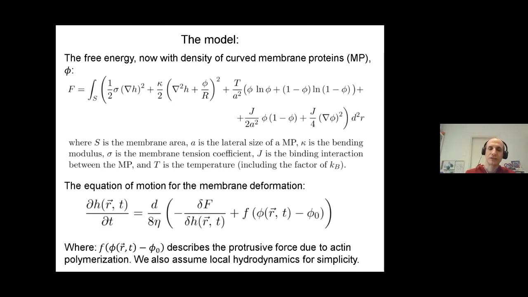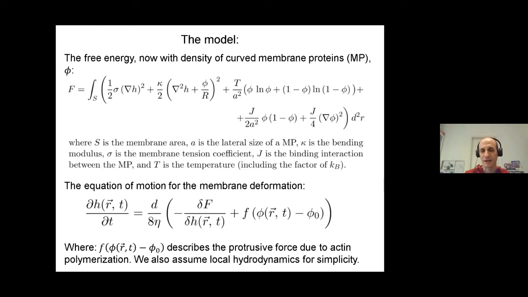So from this free energy, you can now again go back to your equation of motion, as we did before. You do a variation of this free energy in order, for example, to calculate the equation of motion for the membrane deformation. But now there is an additional term here, because the active force is not in the form of an active noise, like we had before, but in the form of a force that has all the time the same sign, in this case positive, so pushing upwards, but of course it's just a convention.